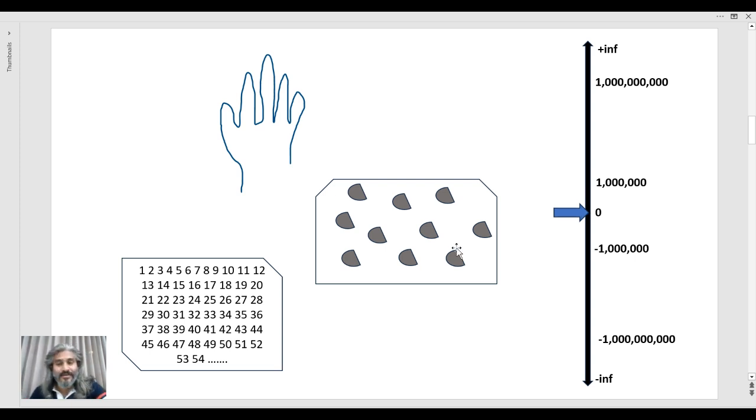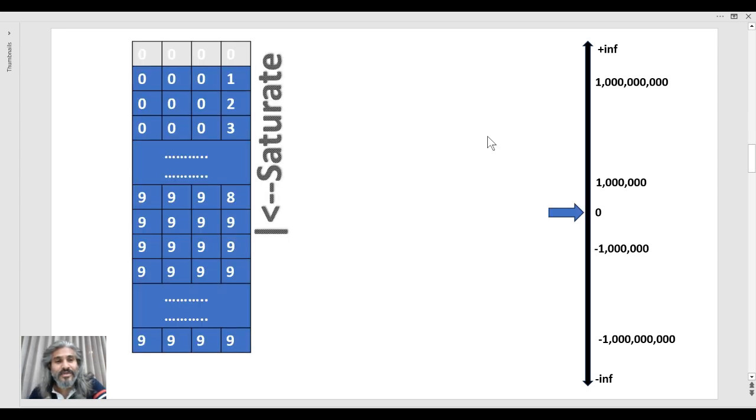But when we are confronted with this problem of the limitation in how large a number we can represent, what do we do? How do we address that? One way is that we really do not care once the number goes over a certain threshold, or the maximum that we can represent.